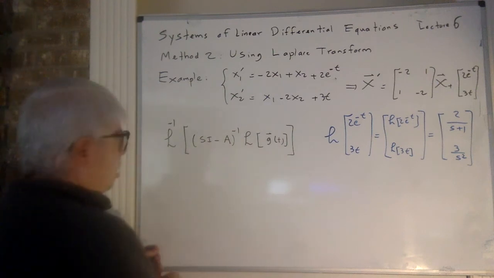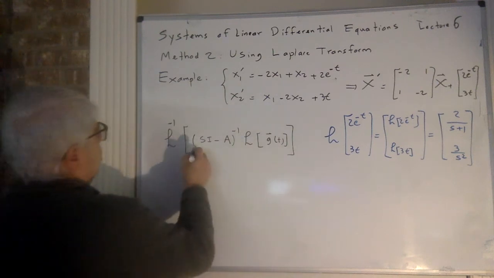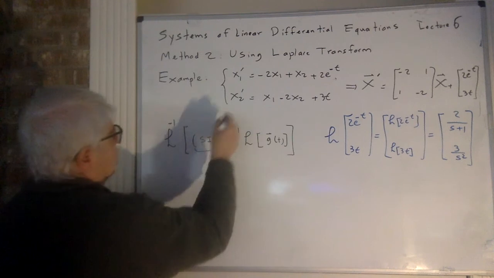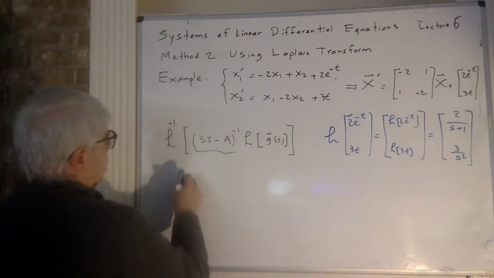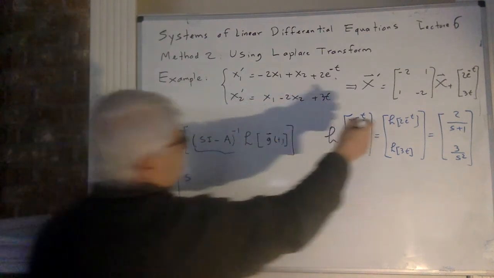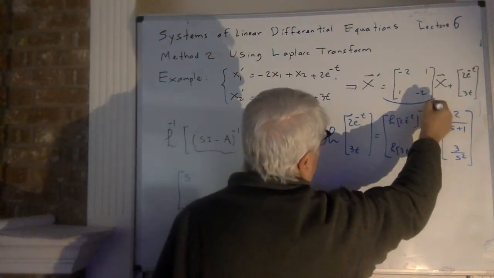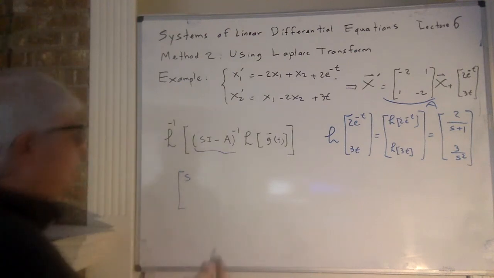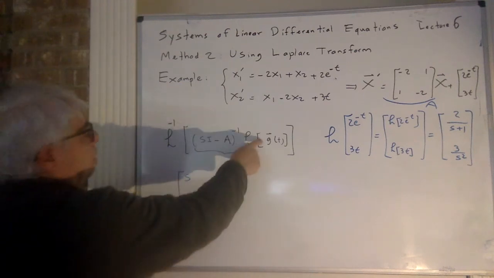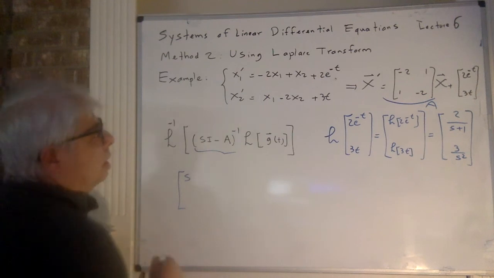So let's write this down more carefully. This is sI, so the sI will be s. Remember, this is A, right? This is my A. It's not A minus lambda I. I could have written it like that, then I should have written minus here, but that's okay.